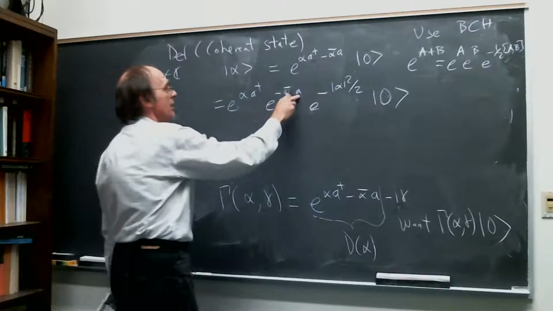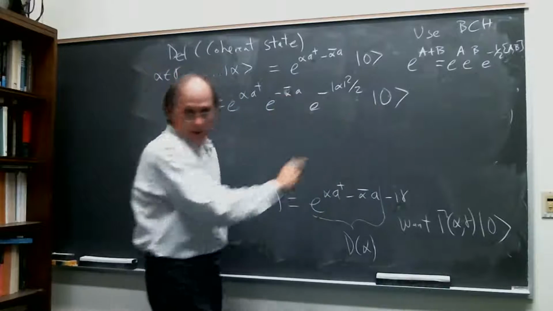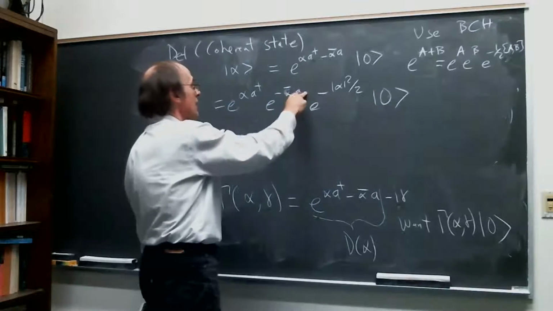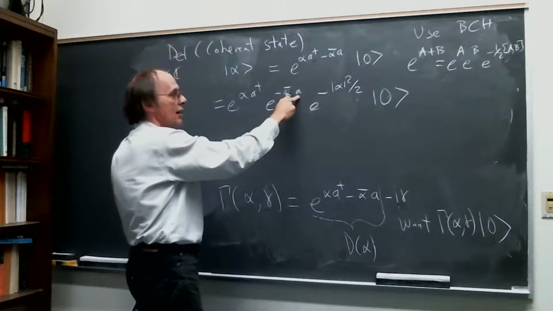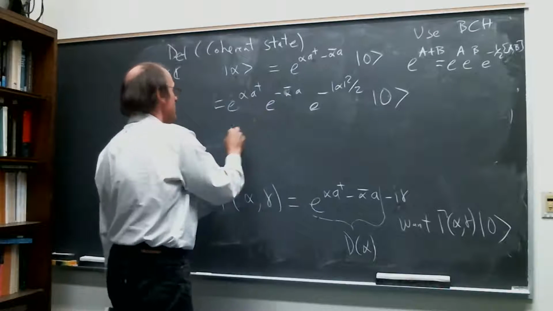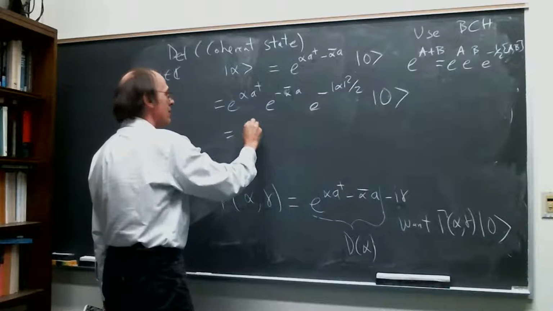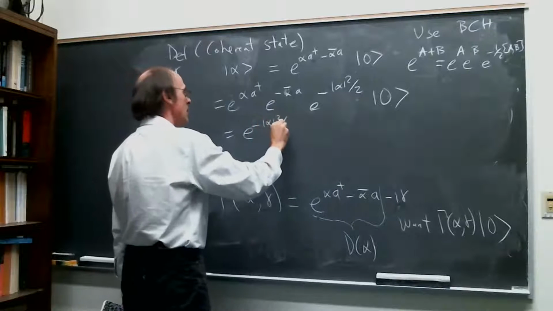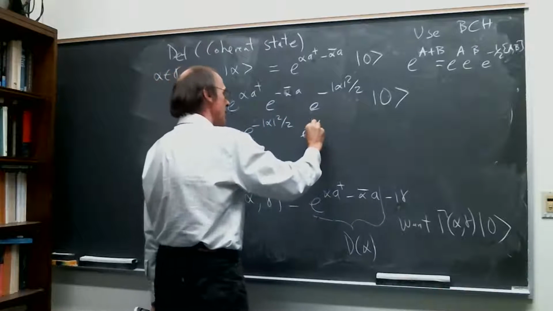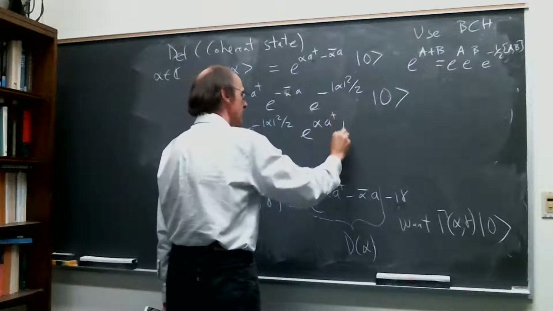Most terms annihilate 0, since a annihilates it, except the one term. And then this is a constant, so this is e to the minus alpha squared over 2, e to the alpha a dagger, acting on 0.